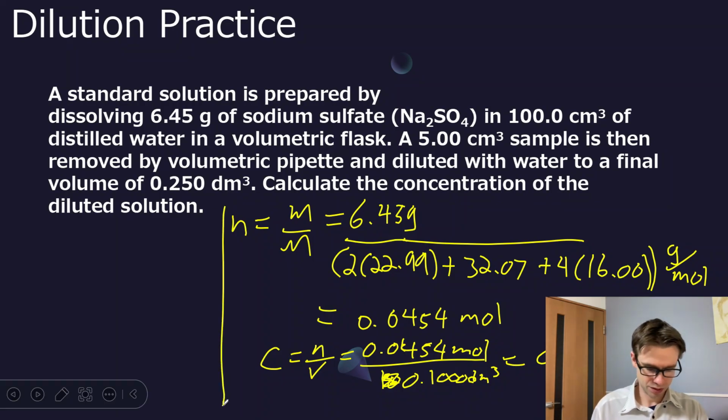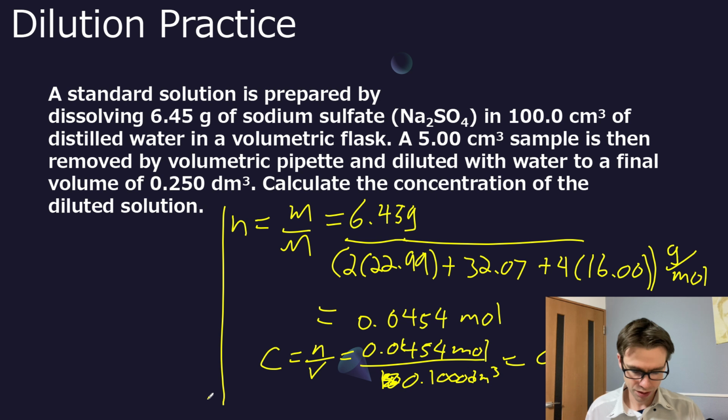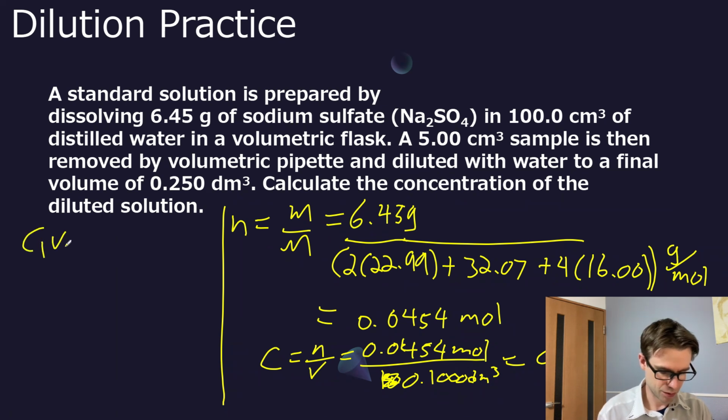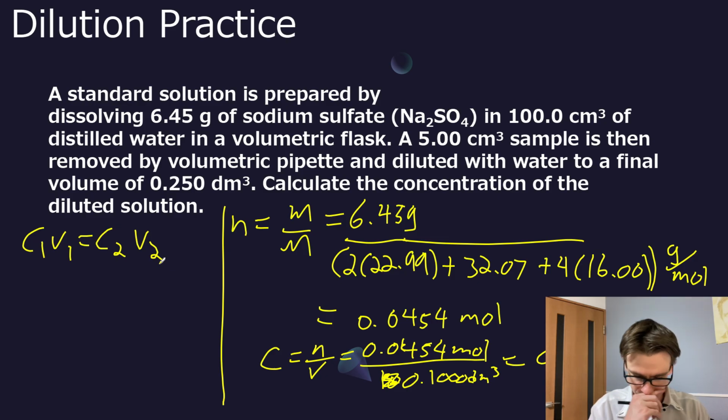Okay, now we need to do our dilution. C1V1 equals C2V2. So we did that whole calculation on the right side to determine what C1 is, our initial concentration. Now it says we're going to take 5 cm³ of that. We're trying to make a new solution which will be diluted with water up to 250 cm³, or 0.250 dm³.